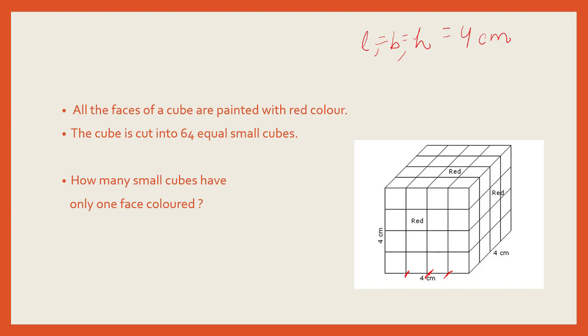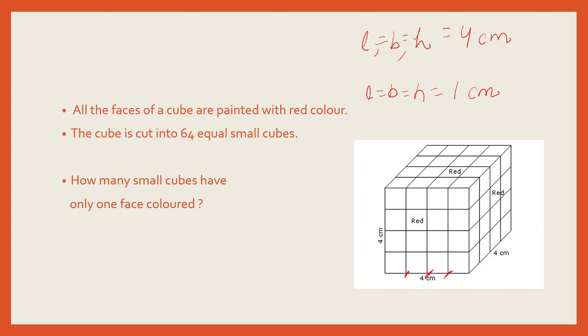Then a bigger cube of 4 centimeter can be broken down into 64 smaller cubes with each dimension, length, breadth and height to be as 1 centimeter for each cube.